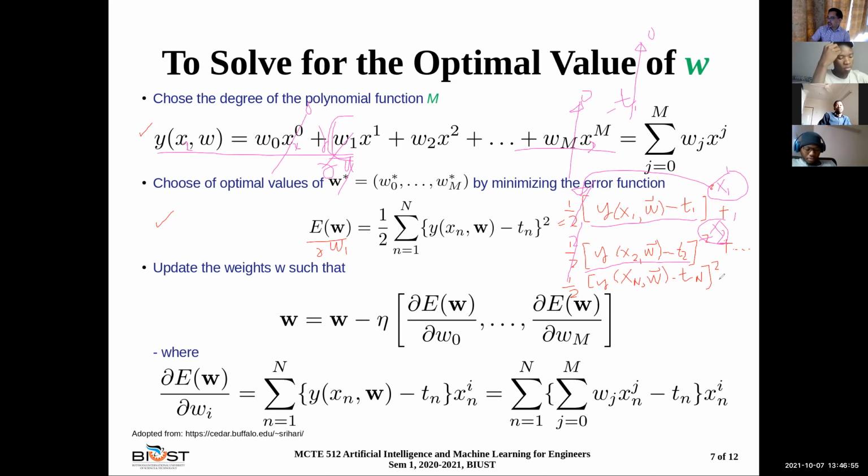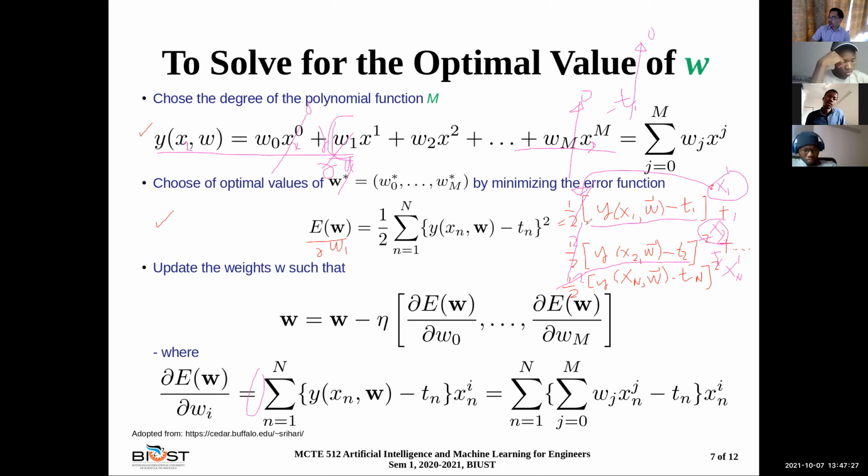And so on here, xn, the 2 comes out and then cancels, so you have xn to the power 1. So when you do the derivative, the exponent of 2 and the 1/2 disappear. No more 1/2, no more exponent 2.